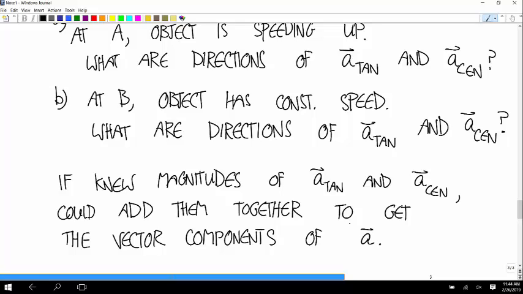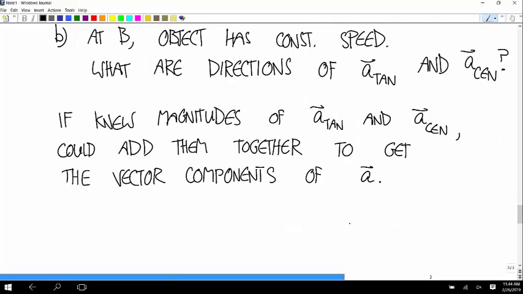Okay, well, that would be great. Wouldn't that be great? We are going to have formulas for those. So now I just have to define a couple more variables, and we're going to get formulas that let us calculate the magnitudes of the tangential and centripetal.